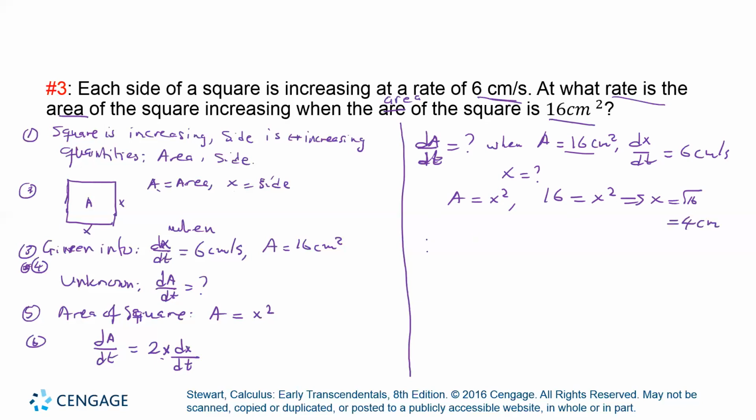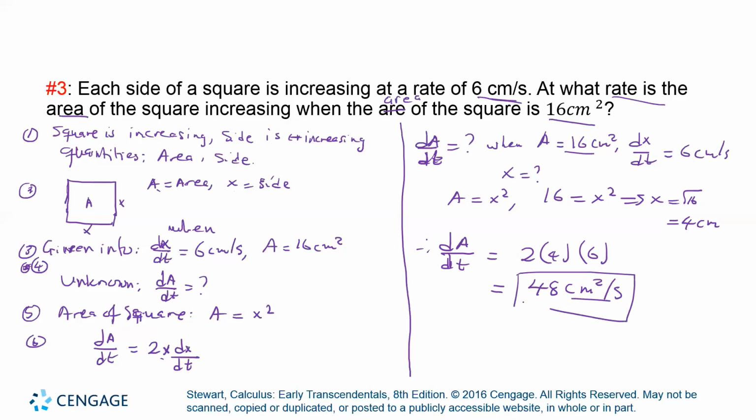Therefore, dA/dt is equal to 2 times 4 times 6, and that will give us 48 centimeters squared per second, because it is the area. That will be our answer.